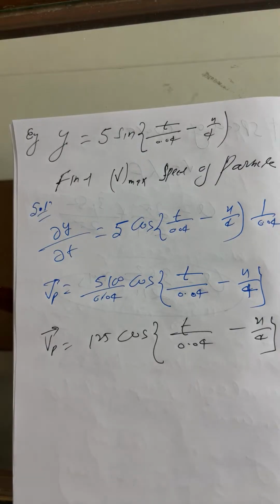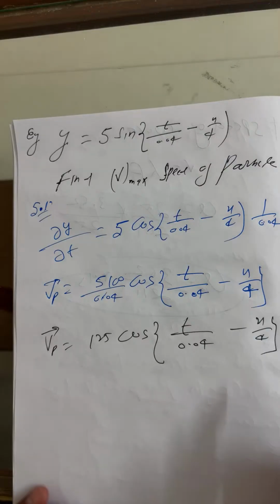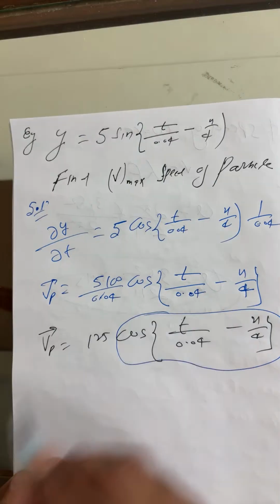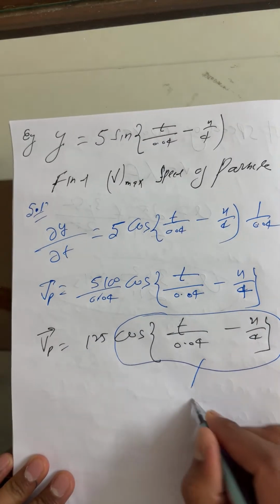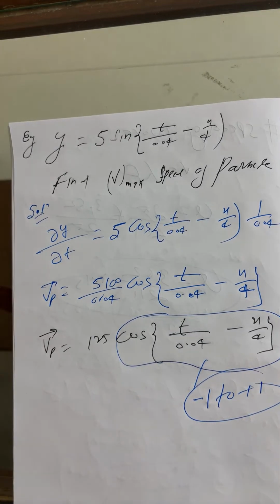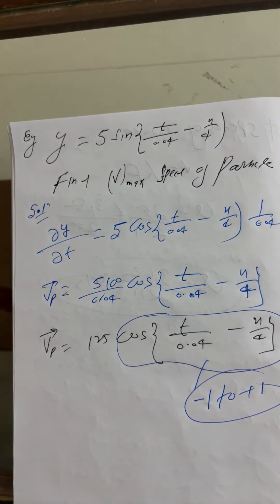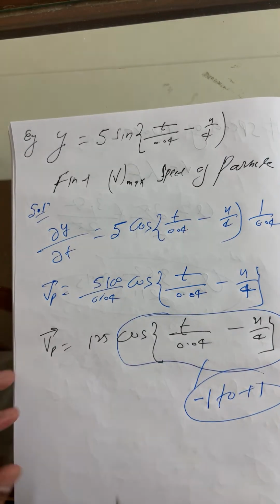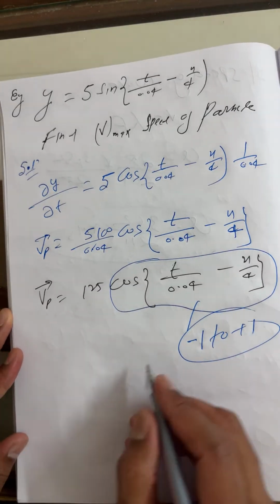But if you remember the condition for maximum and minimum, the cos value will change from -1 to +1. So for maximum velocity, simply take +1. So the maximum velocity of the particle is 125 meter per second.